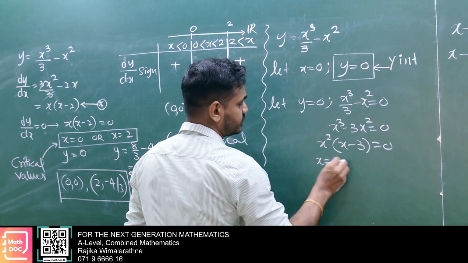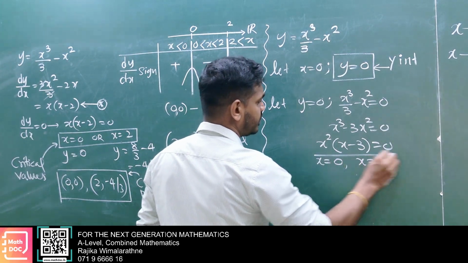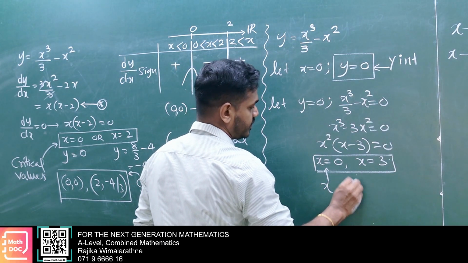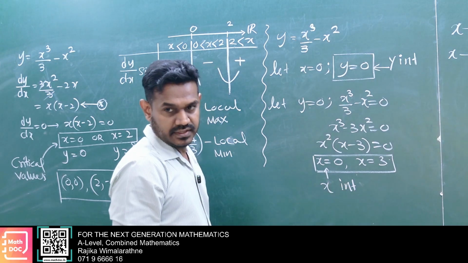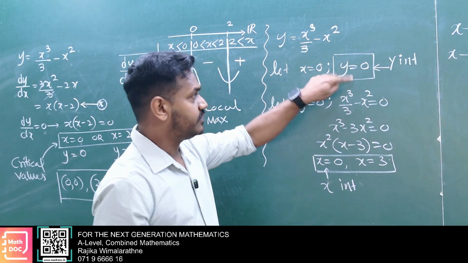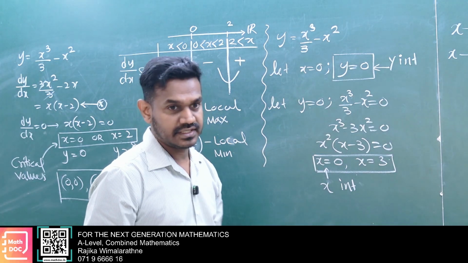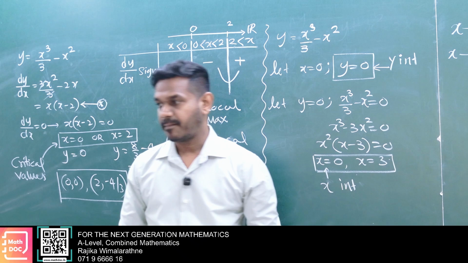Then we have x equals 0 and x equals 3. These we call x-intercepts. Here substitute x equals 0 to find the y-intercept. Substitute y equals 0, solve and get the x-intercept. Okay, do up to that.